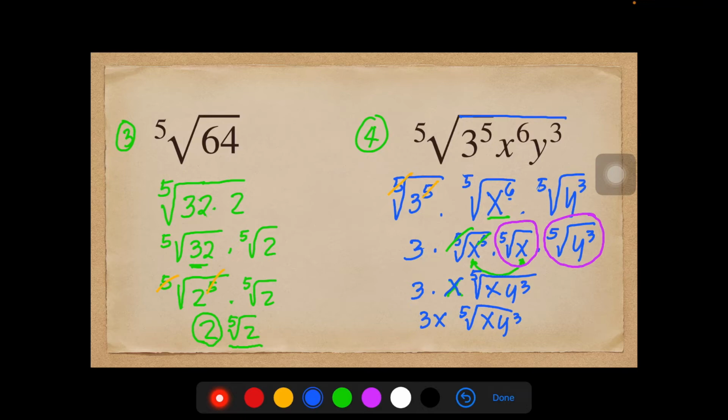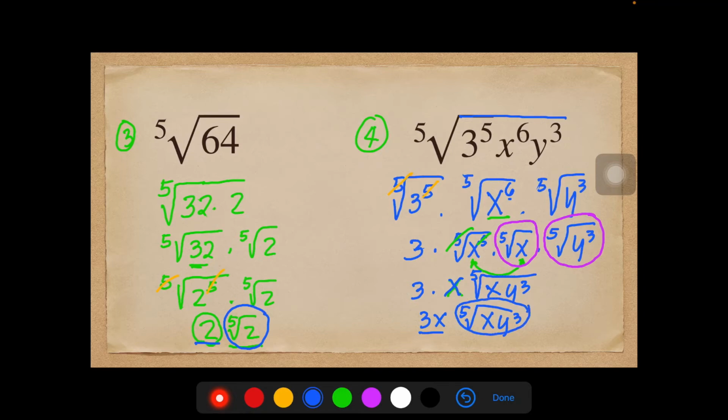That's how to remove the perfect nth powers from a radical. So the perfect nth powers, we have 3x, 2x here. And then those that are not anymore perfect, like this one, they have to stay inside the radical sign.